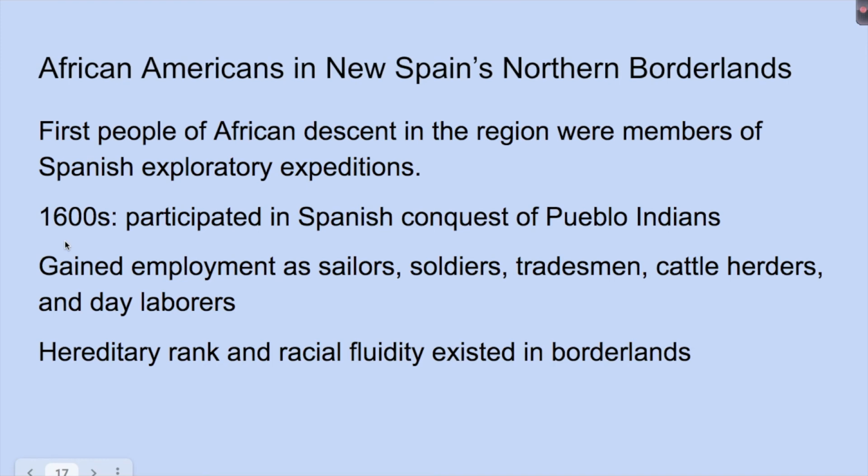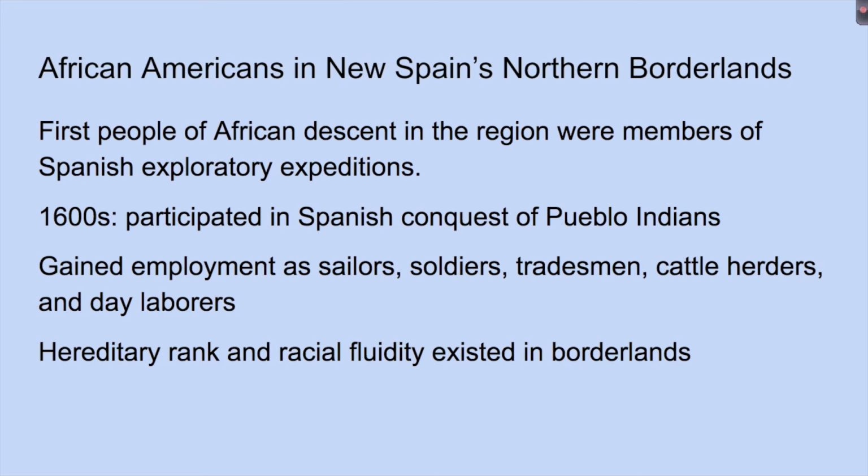Other areas that will possibly have slavery is the New Spain's borderlands. So for those of us in Texas, this is going to be a lot of your Texas, northern Mexico, those regions. So the first people of African descent in these areas come with the conquistadors on their expeditions.